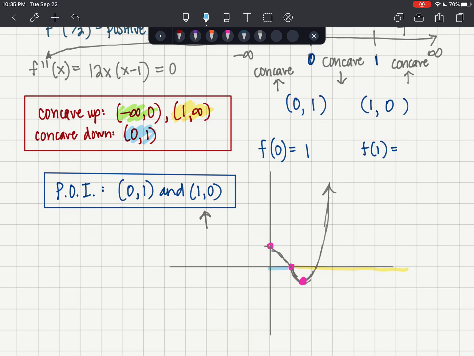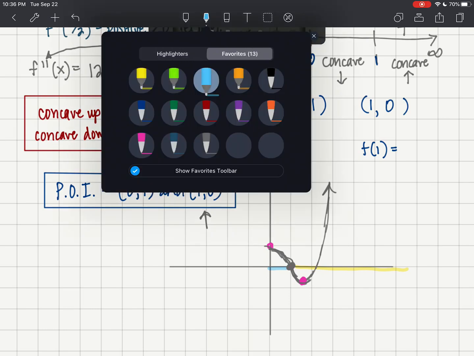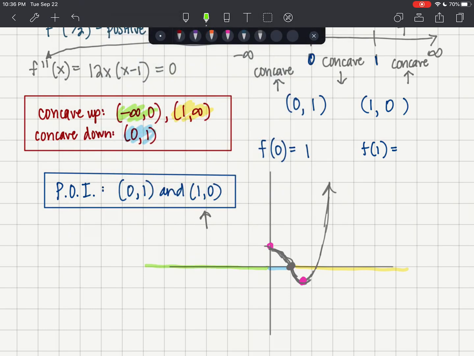Concave down right here. And that's what I just drew right here, concave down, right? And then we had our point of inflection, concave up. And then in this green section right here, from negative infinity to 0, we're concave up again. So, look, that's what's happening. That's our graph. That's the graph of this.